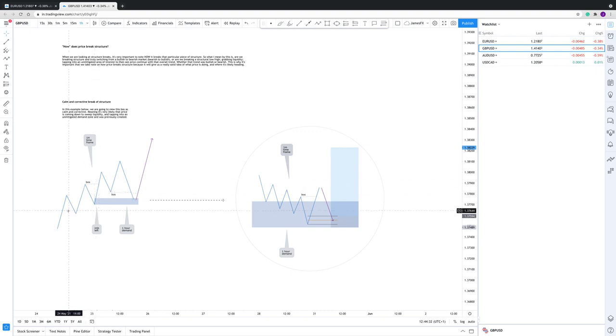Because once we were making these higher highs and higher lows, we're breaking structure to the upside, which is creating demand levels and order blocks. We may see something that's left behind and untested, or unmitigated, imbalance left behind as well.